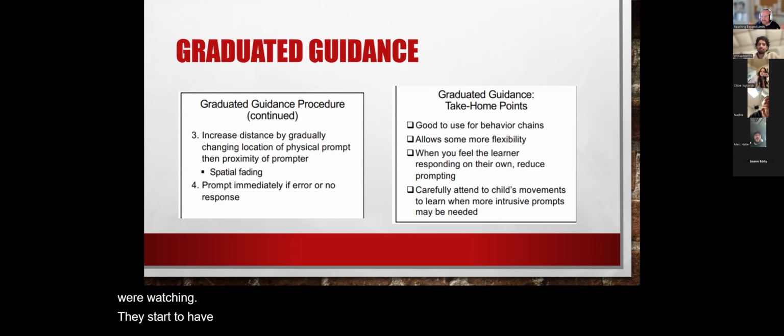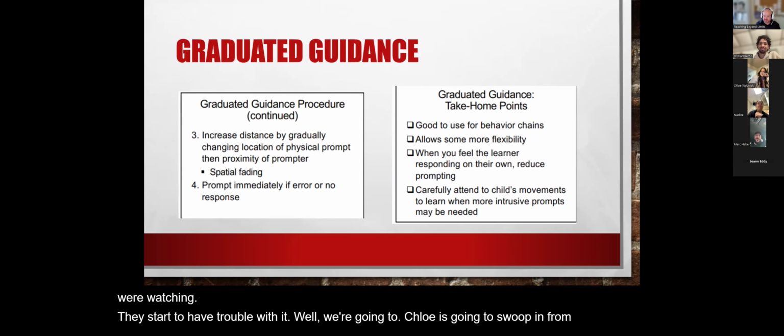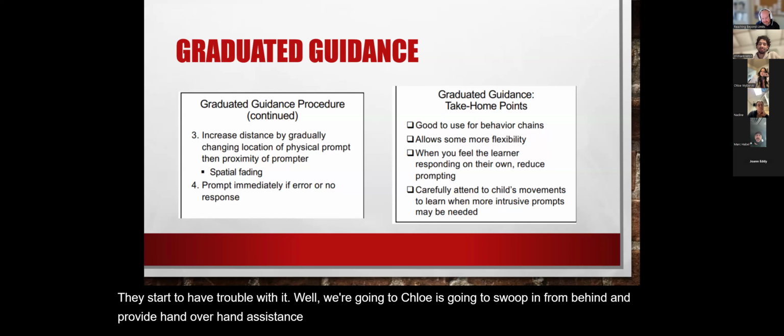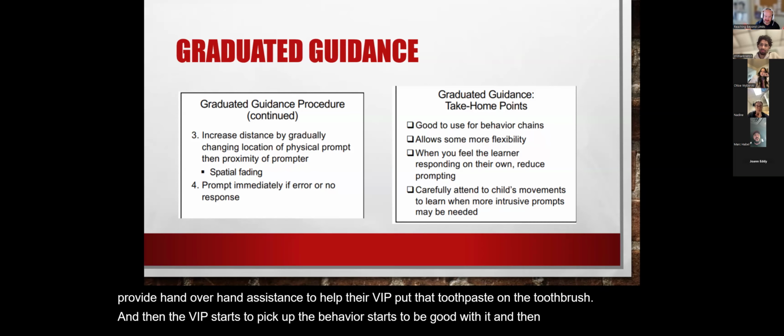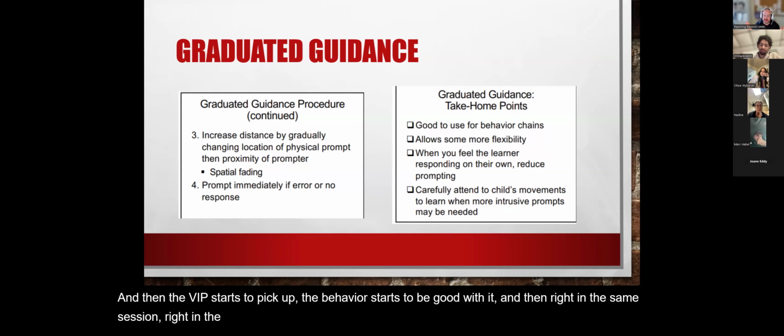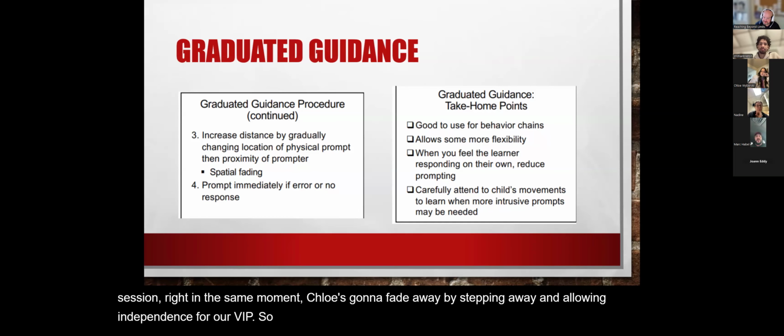Well, Chloe's going to swoop in from behind and provide hand-over-hand assistance to help our VIP put that toothpaste on the toothbrush. And then the VIP starts to pick up the behavior, starts to be good with it. And then right in the same session, right in the same moment, Chloe's going to fade away by stepping away and allowing independence for our VIP. So it allows some more flexibility.